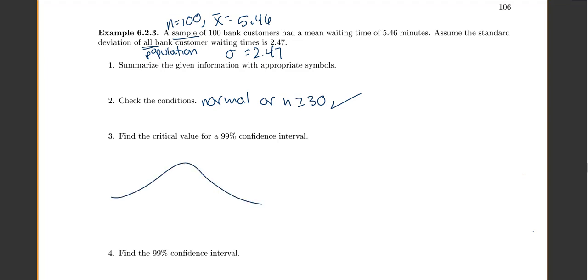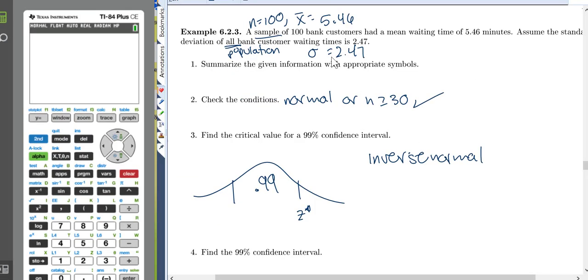Let's find the critical value for a 99% confidence interval. So that means we have 0.99 in the middle, and I need to find this z star that will give that to me. So I'm just going to use my calculator and look for the inverse normal function. Okay, so I'll use second distribution. I'm looking for inverse normal. The area in the middle is 0.99.